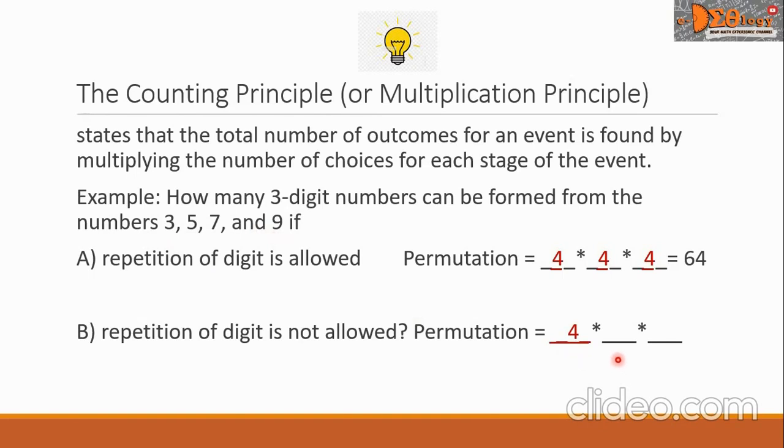For the next blank, there will be 3 choices only. And now, there are 2 numbers seated on our blanks. Since no repetition is allowed, the third blank has 2 choices only. So let us now multiply the numbers 4 times 3 times 2, and that is 24. It means there are 24 three-digit numbers if repetition is not allowed.